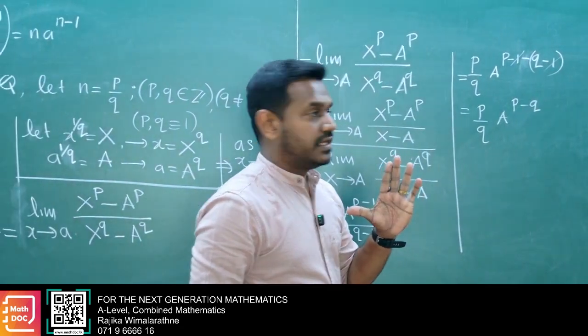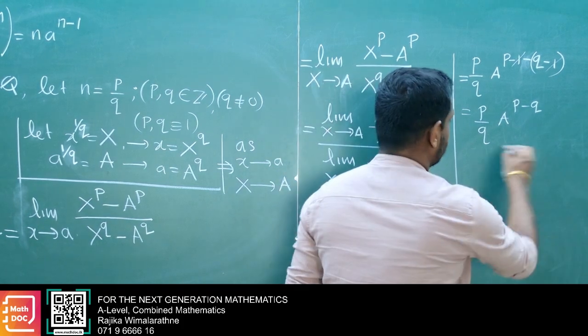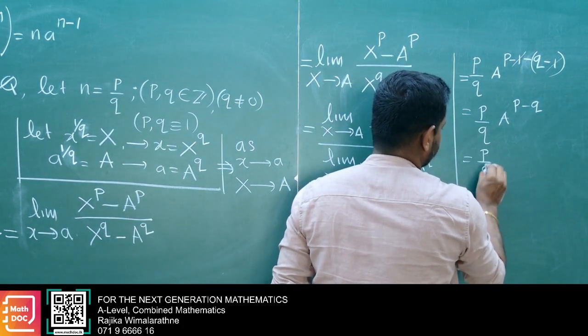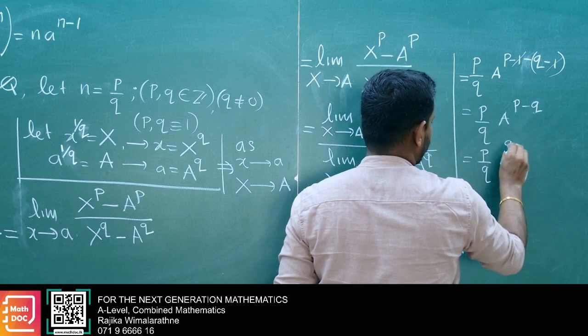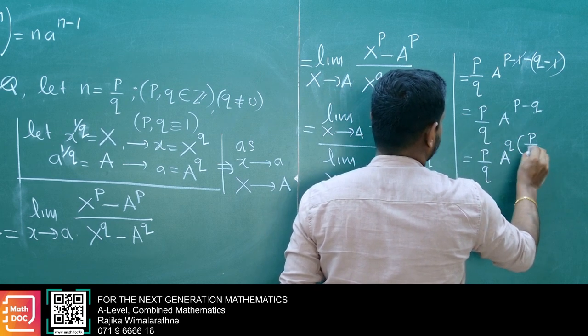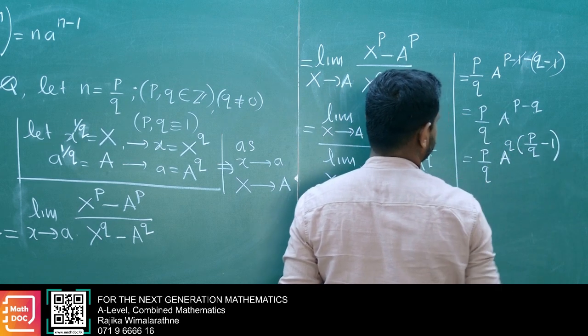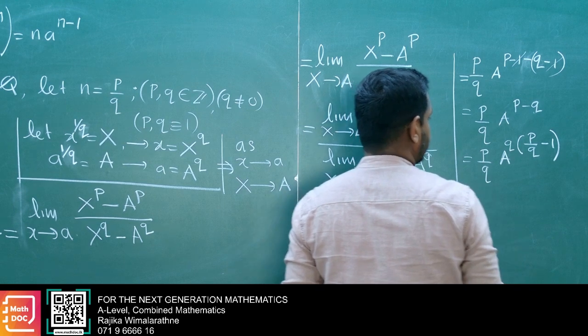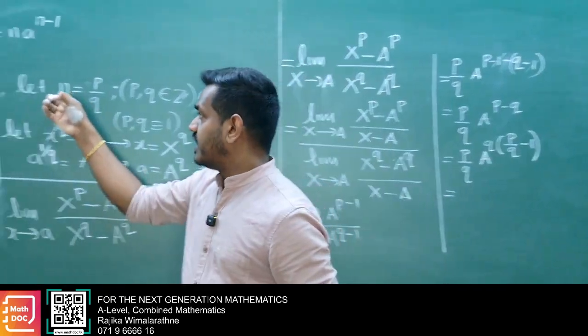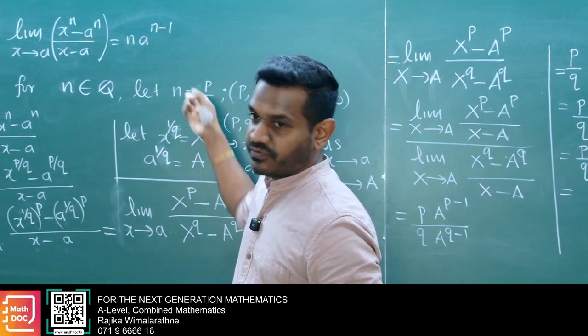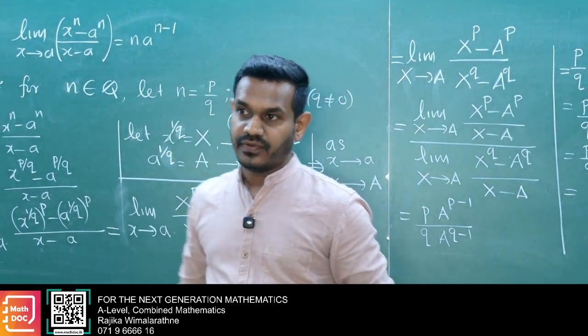Okay. Then here p divided by q, take q outside. Then p divided by q minus 1. Now, initially, n equals p divided by q. Therefore, p divided by q means n now.